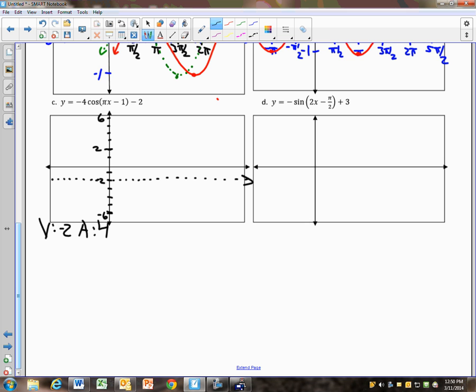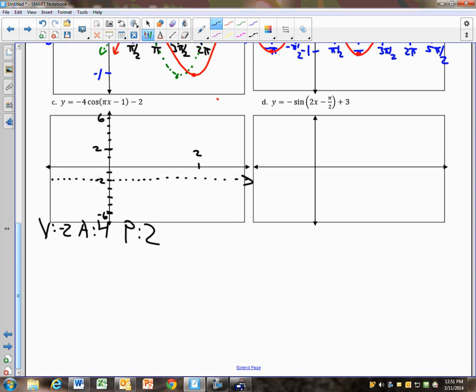I did the first 2. Hey, those were easy. So amplitude is 4, so I go up 4 from -2 to +2. I go down 4 from -2 to -6. All right, what's the period? 2 pi over pi is 2. Mark it out.